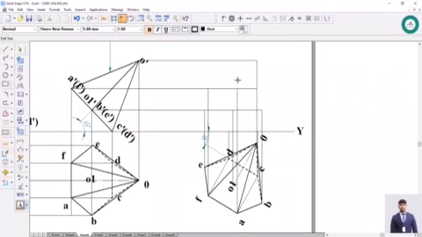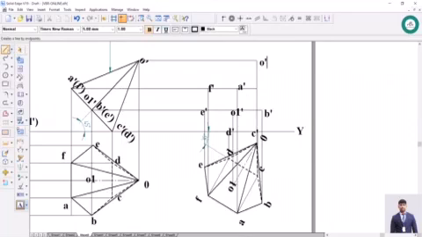So this is A dash, this is B dash, this is C dash, this is D dash, this is E dash, and this is F dash, and this is O1 dash, and this is O dash.